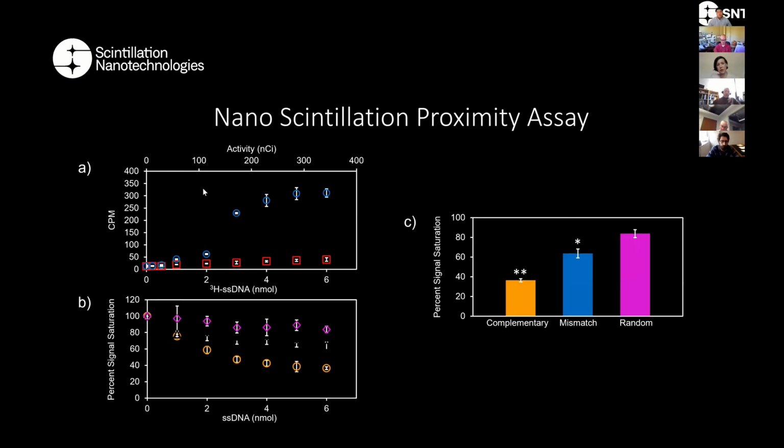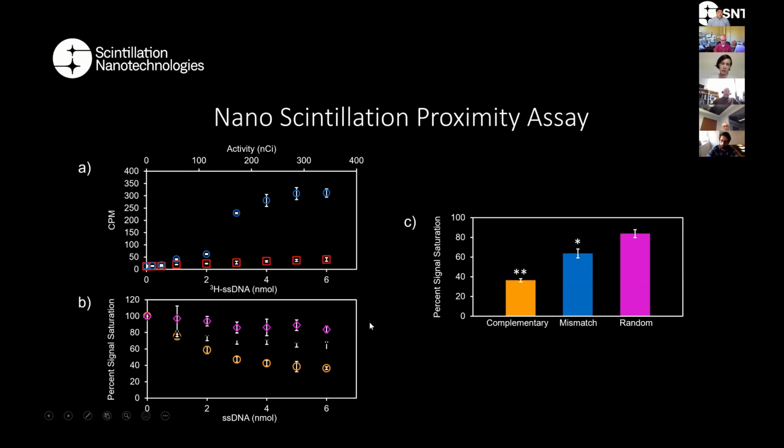And while we don't offer this as a product, this is a further demonstration of what can be done with these particles. We were also able to link single-stranded DNA to the outside of our particles and then hybridize a complementary strand to the outside. So we could hybridize a complementary strand that was radiolabeled and see that bind to our particles. This here again, the red squares are the non-specific absorption down at the bottom.